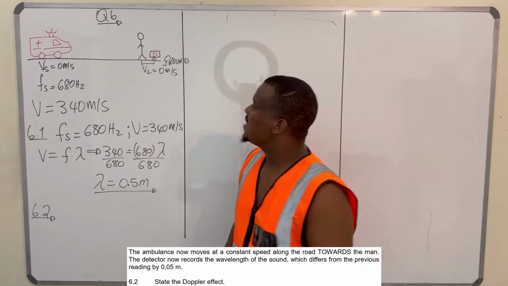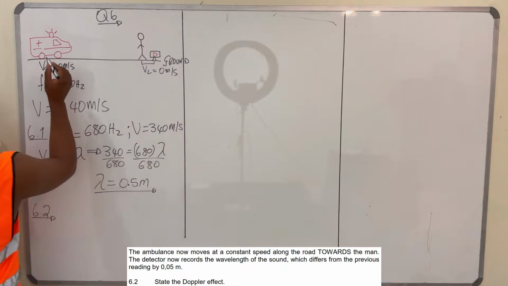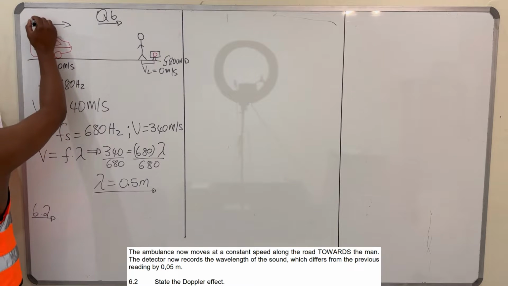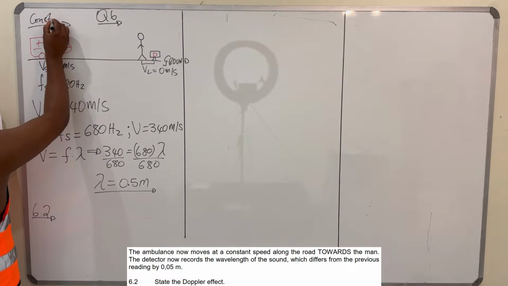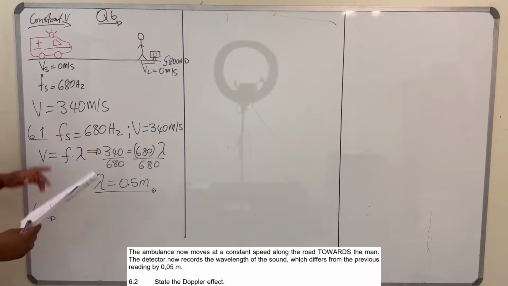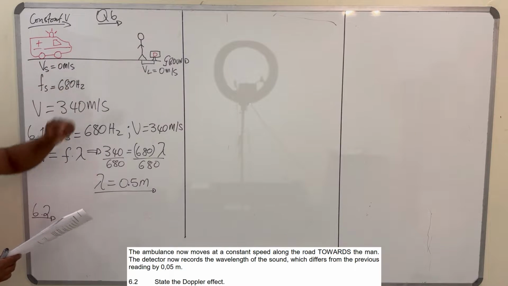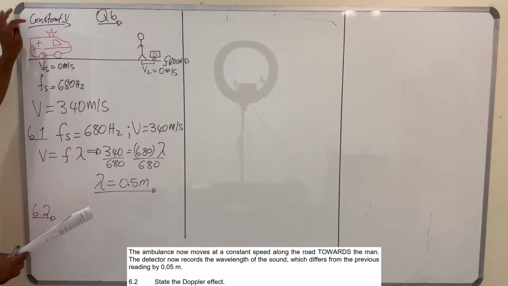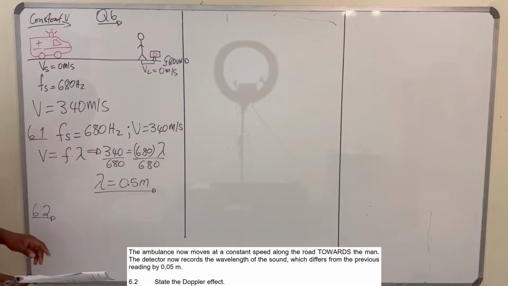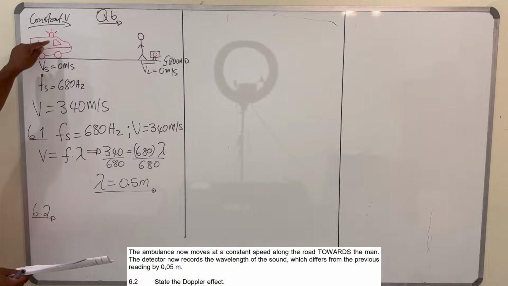So they are saying the ambulance is now approaching the man at a constant speed. So our ambulance is now approaching our friend with his detector at a constant speed, no problem.